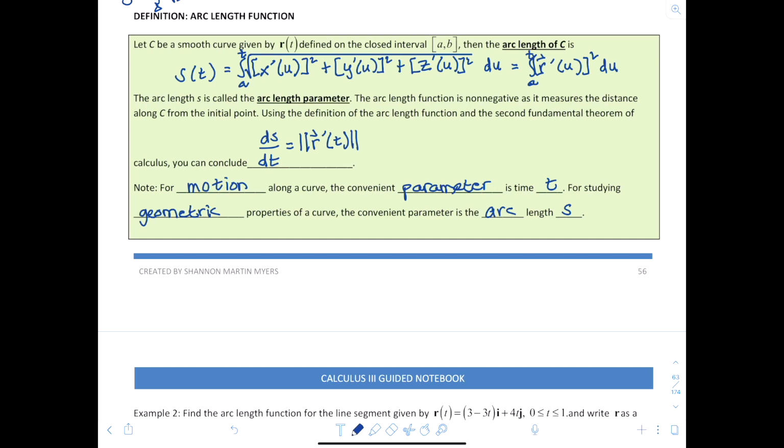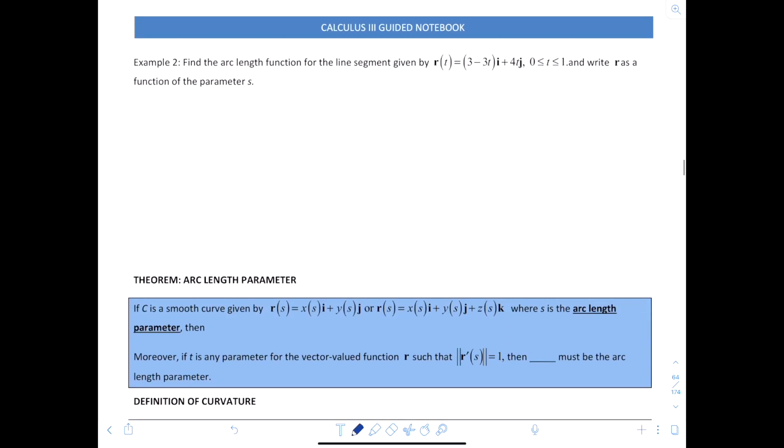All right, so let's look at example 2. Find the arc length function for the line segment given by r at t equals (3 minus 3t) times i, plus 4t times j, where t goes between 0 and 1 inclusive.